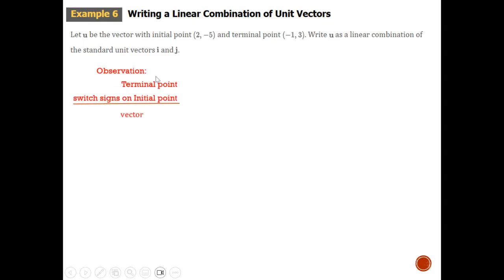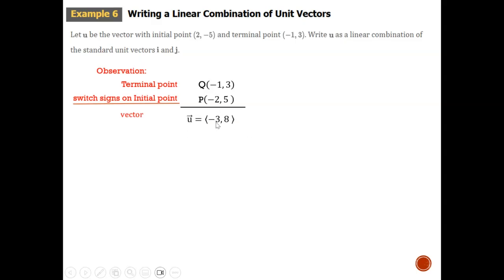Okay. So again, I'm going to go straight to the observation. So it's going to give us a terminal point, which is negative 1, 3, point Q. And point P will give us, if it's minus, right, we're going to switch the signs on the initial point, which is 2, negative 5. So it's going to be negative 2 plus positive 5. All we do is add them, and it becomes a vector.